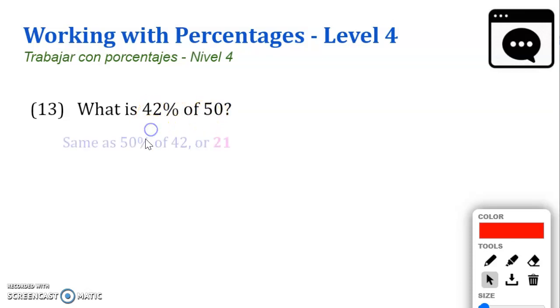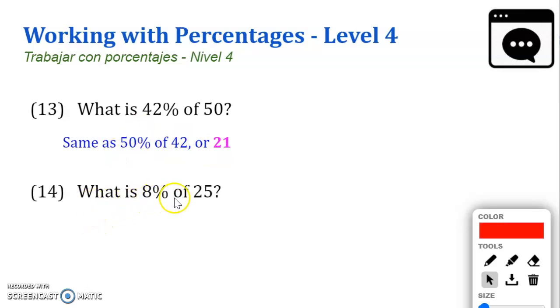So what we can do is swap this, because this is the same as 50% of 42. We know how to do 50% of 42. We just need to half 42. Half of 42 is 21, so I can do that.